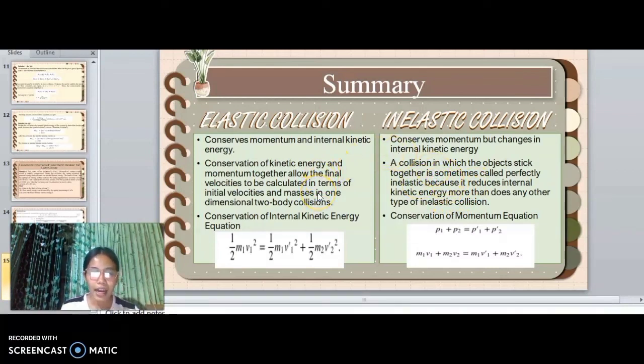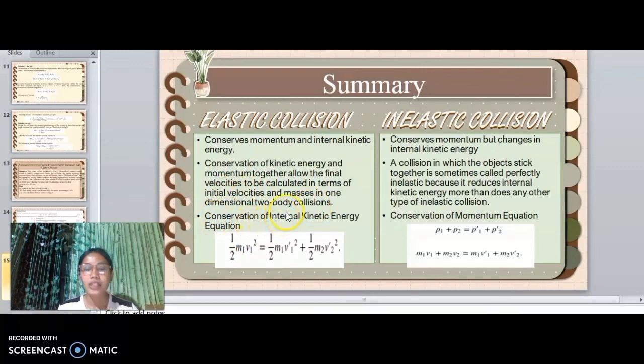So I highlighted the conservation of internal kinetic energy equation: 1/2 m1 v1 squared equals 1/2 m1 v prime 1 squared plus 1/2 m2 v prime 2 squared, because in elastic collision, kinetic energy is what we usually use in finding the final velocities.